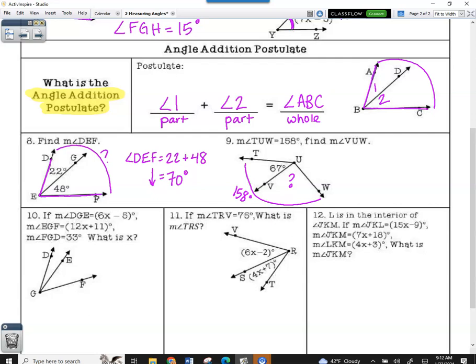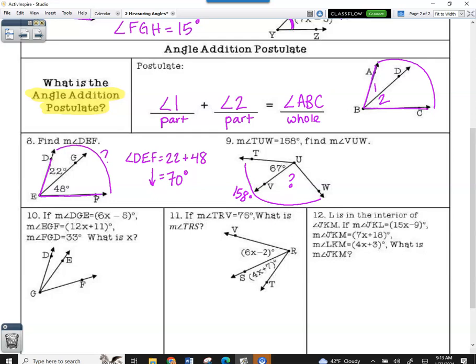This is still part plus part equals whole, but the difference here is we're not trying to find the whole. We actually know the entire thing, right? We're trying to find one of the parts. So there's 2 ways to do this. One way is to set it up part plus part equals whole, and then solve for the question mark. That works.